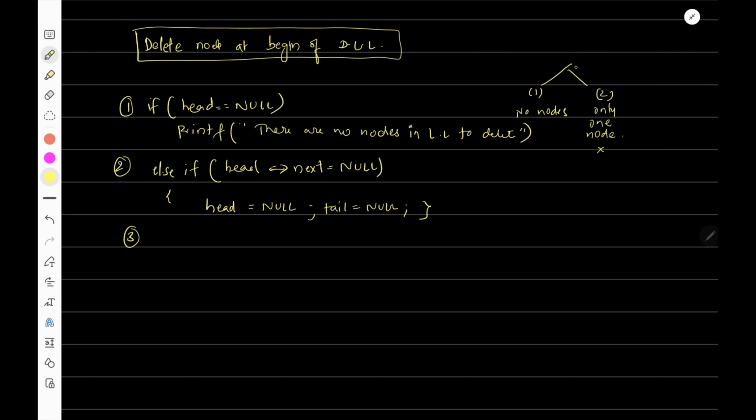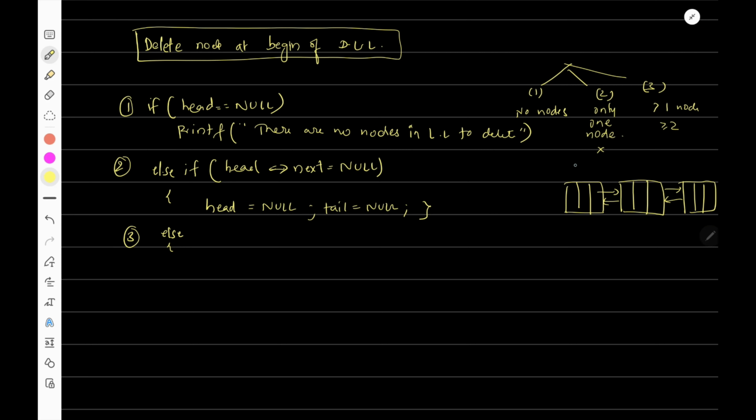And the third scenario, if there are multiple nodes, greater than or equal to two nodes. Let's say we have an example with a total of 3 nodes in sequence in a linked list.